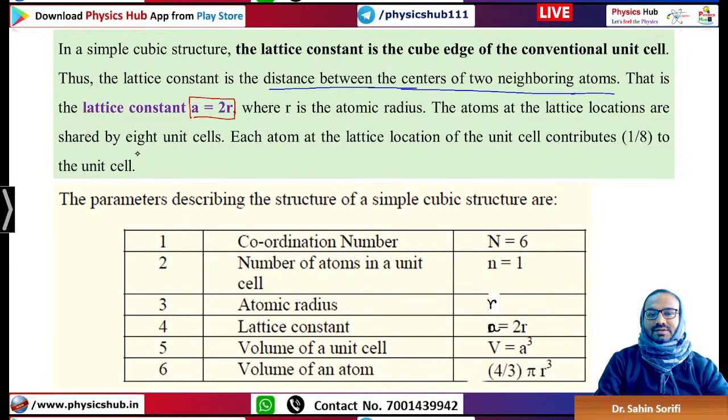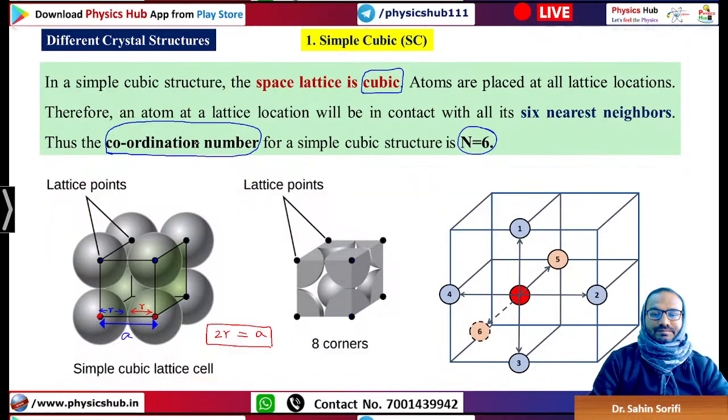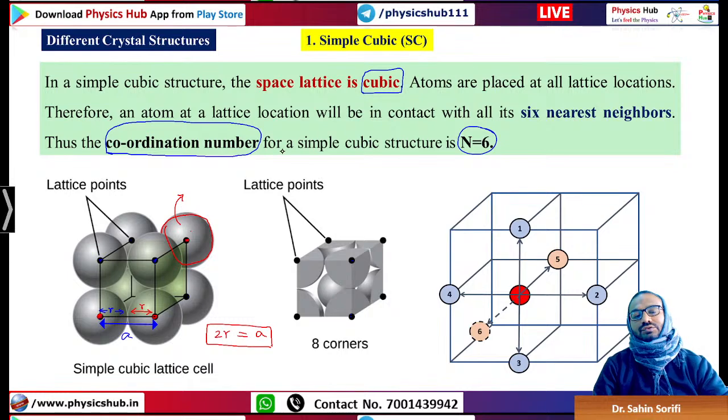Atoms at the lattice location are shared by 8 unit cells. So you can see, let's say this atom is part of this unit cell. This atom is also part of the other 7 unit cells, so total 8 unit cells.